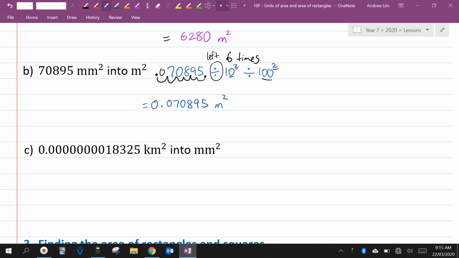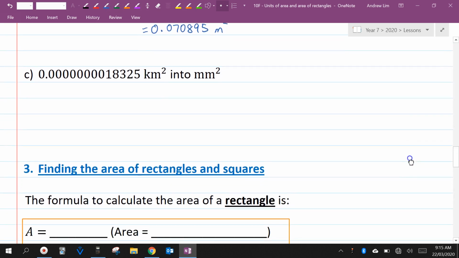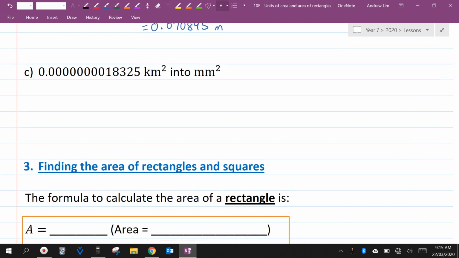Okay, pause the video, have a go with question C yourselves. I want you to convert this number in square kilometers into square millimeters. Okay, so now that you've done that, we are going to take this number. Because we are going from square kilometers to square millimeters, we need to multiply.